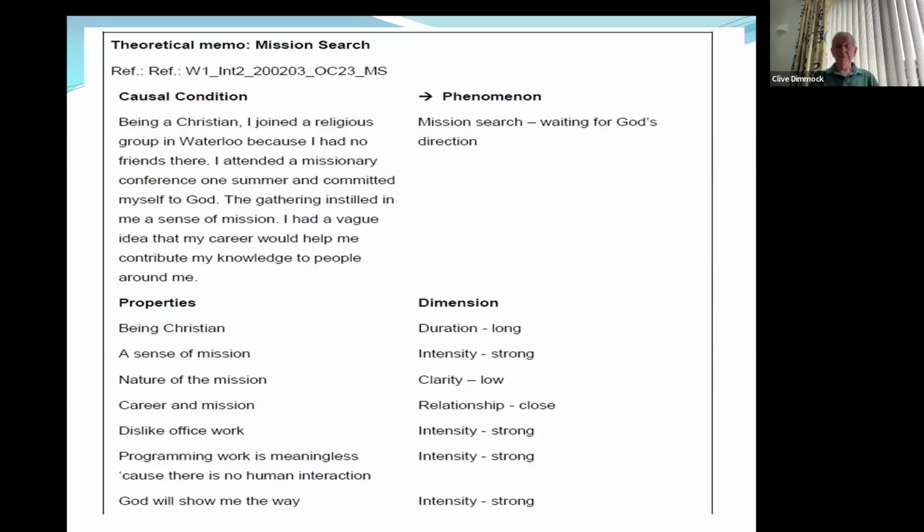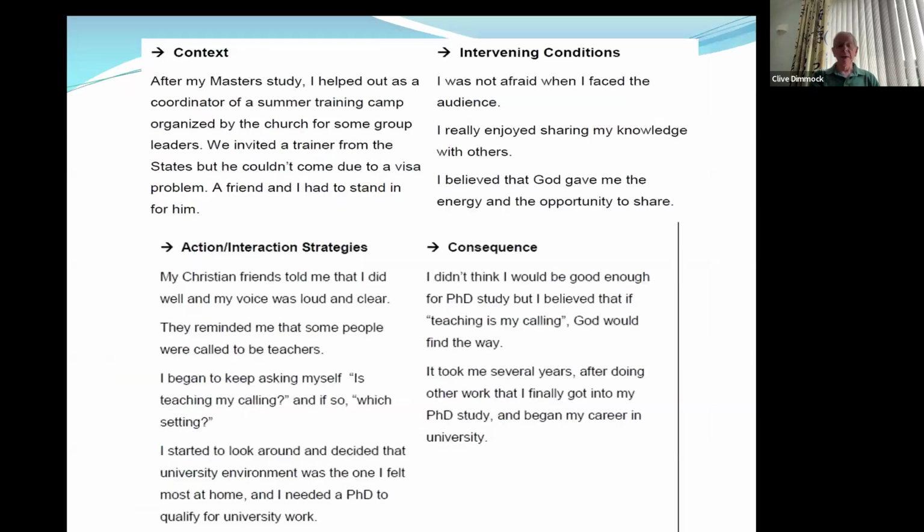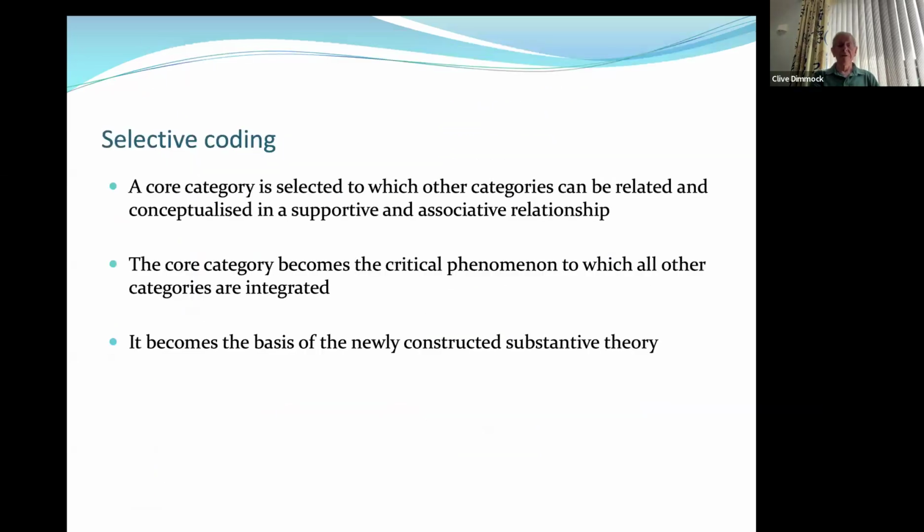And then she recognizes from the data that some of these are long and strong. These are dimensions. They give a measurement to these properties. So she's breaking down the categories according to properties and dimensions. And then these are the actions and consequences, the outcomes. Again, I'll leave you to look through that.